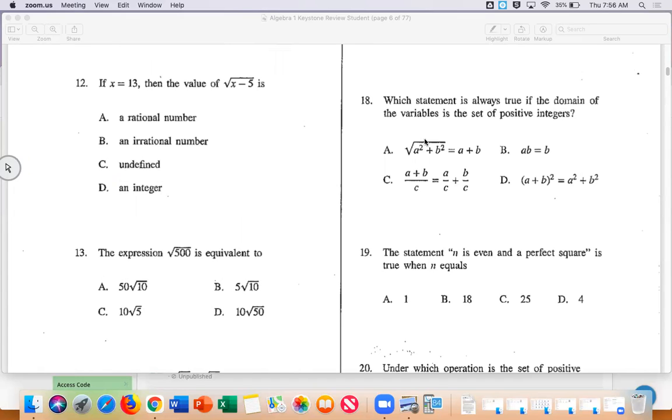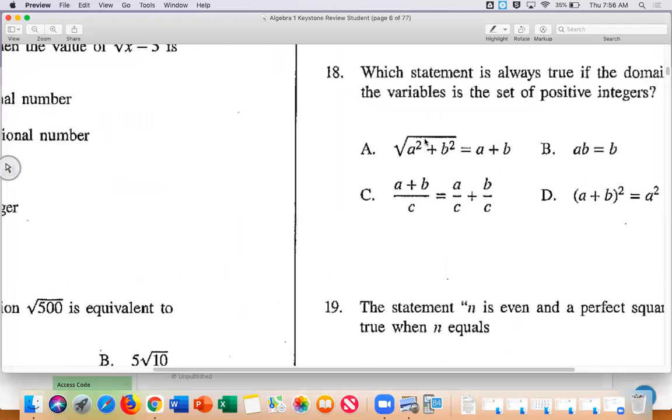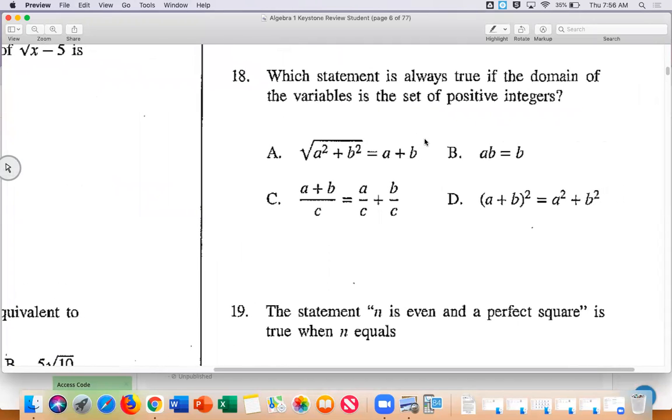So this is like next level stuff, okay? Now, when you're on the Keystone, Kevin, I would say take a stab at it. Try and get it. But if you're stressing out over it, do what you did and move to the next problem.